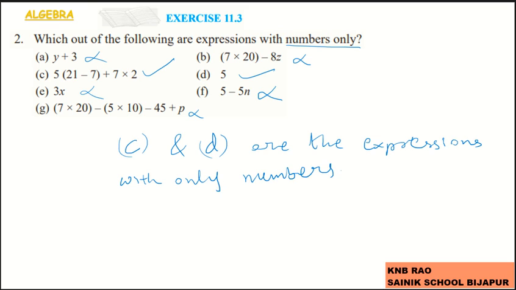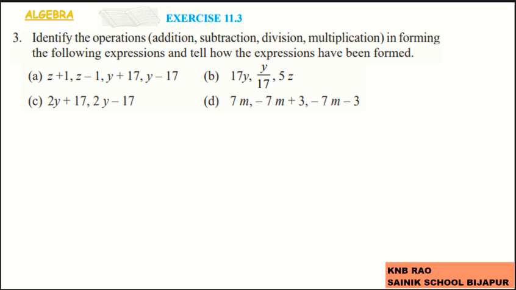That's it. Now coming to main question number 3: identify the operations, that is addition, subtraction, division and multiplication, in forming the following expressions and tell how the expressions have been formed.